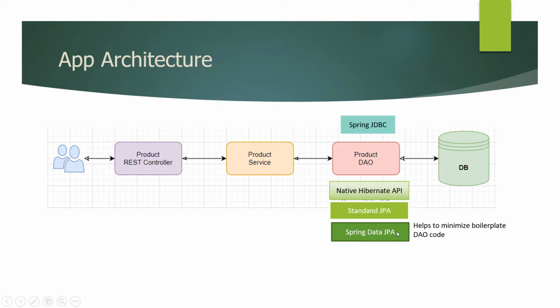And in the DAO layer, we can use some techniques like native Hibernate, standard JPA, Spring Data JPA, and also Spring JDBC template. And in this video, we focus on Spring Data JPA. It helps us to minimize the boilerplate DAO code.